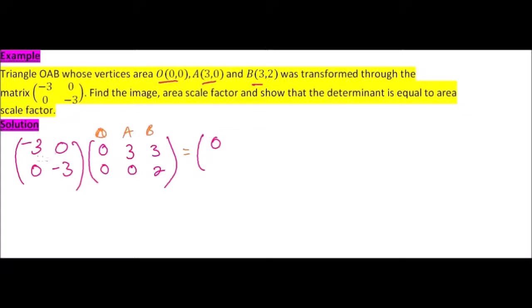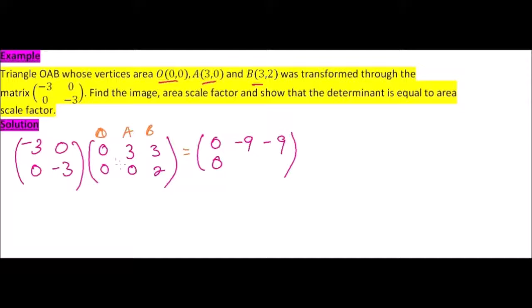We have minus 9, and again when you multiply minus 3 times 3, we also have minus 9. Then we come to the second row. You have 0 times 0 and minus 3 times 0, we get 0. So the other row we start with 0.